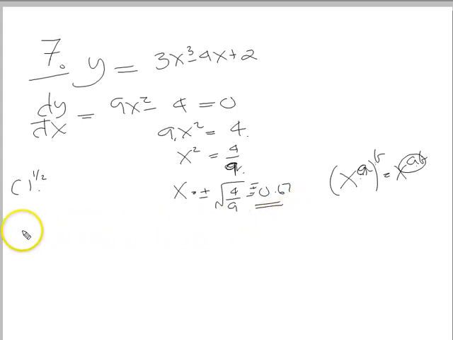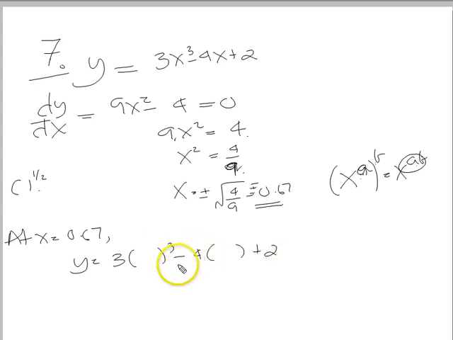Okay, so there's the input then. So at x equals 0.67, what's the output? y equals 3 times x cubed minus 4 times x plus 2. And our input value is 0.67 for the x, isn't it? Tap it in the calculator.